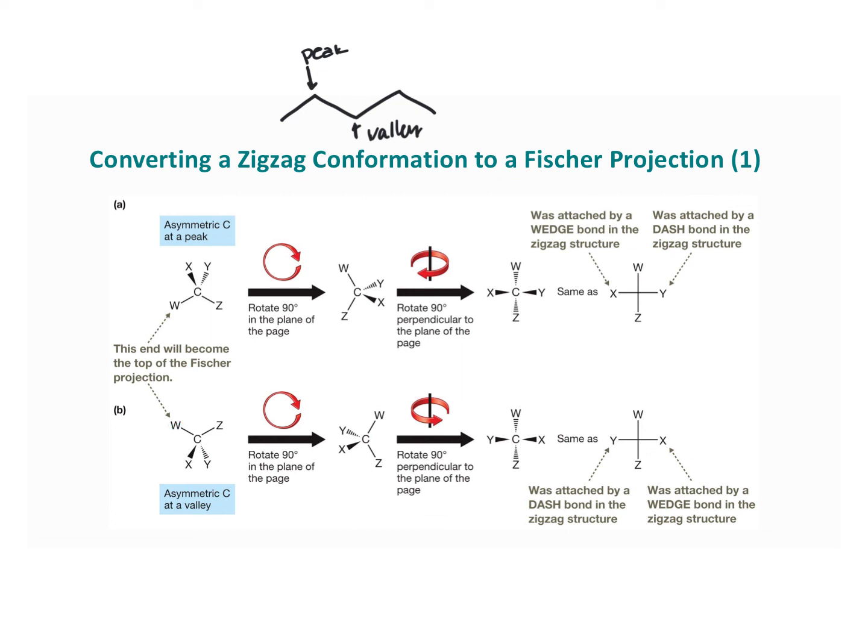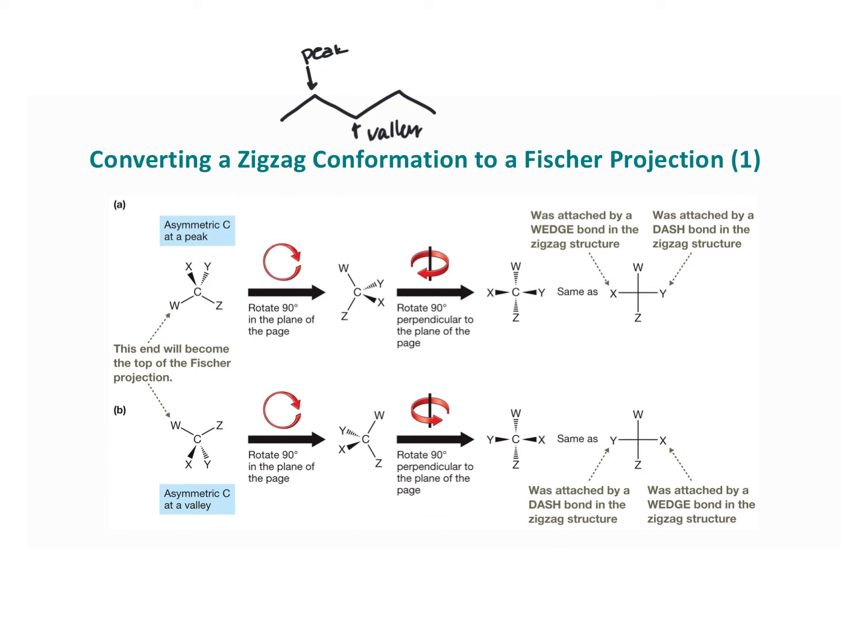This end here becomes the top of the configuration, the W there and the W there. And so what we find is that if it's at a peak here, it goes on the left side, on a wedge. So peak and wedge, left side. Valley and wedge goes on the right side.